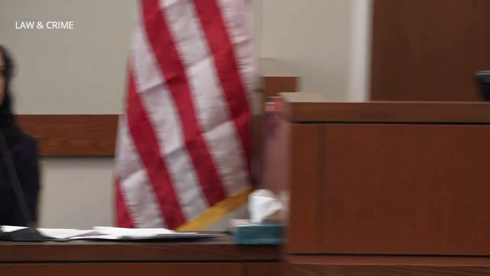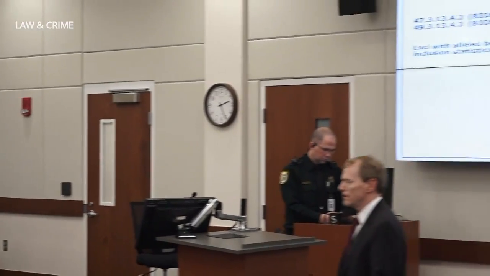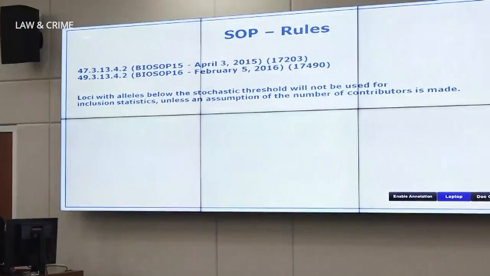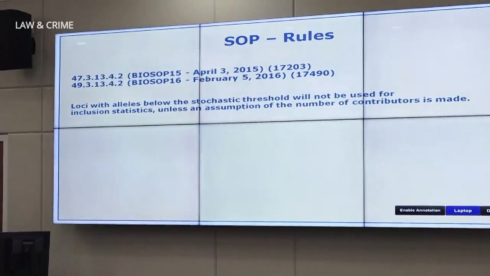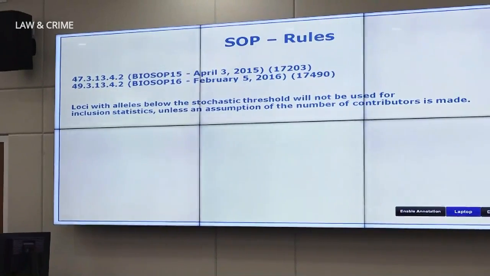And what they say, loci with alleles below the stochastic threshold will not be used for inclusion statistics unless an assumption of the number of contributors is made. Is that correct? Yes. And as you sit here today, sometimes it's 2 contributors, sometimes it's 3 contributors. Isn't that correct? I've stated that I was assuming that there was 2 with a possible additional contributor.